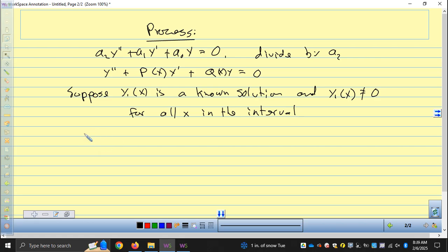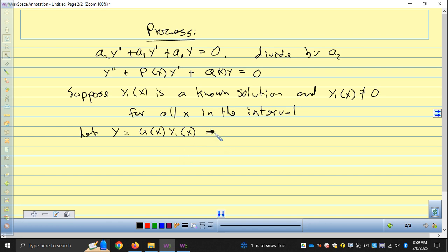I'm going to let y be some function u(x) times y1(x) be our other solution. So we're assuming that our other solution is some product of this first solution.